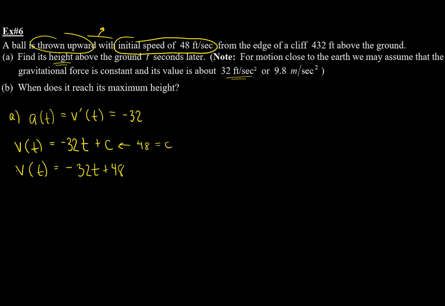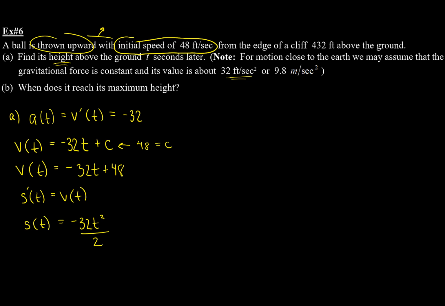But we don't want the velocity function. We are looking for the height function, which is the position function. The derivative of the position function is equal to the velocity function, so to find the position function, I need to take the antiderivative of the velocity. t has a power of 1, so I up that by 1 to get t squared, and divide by the power.